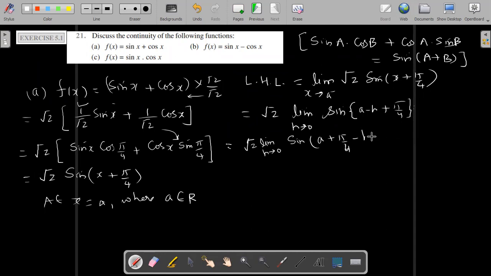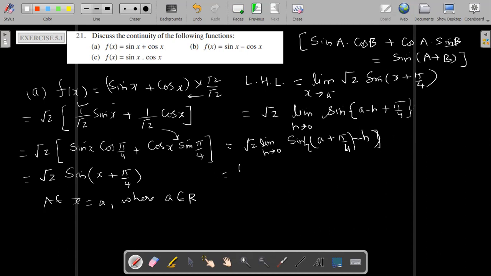together and minus h. Now you can use sin(a + b), sin(a − b) form. Sin a, this is a and this h will be b. So sin(a − b) is sin a cos b minus cos a sin b.